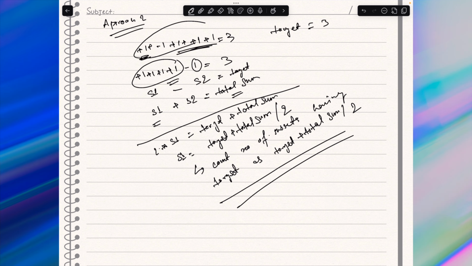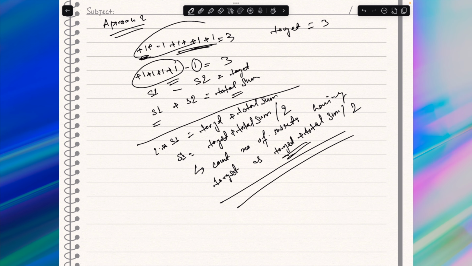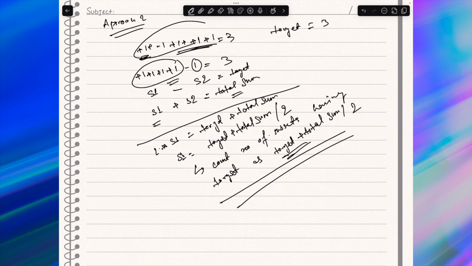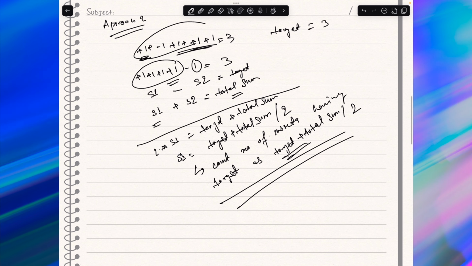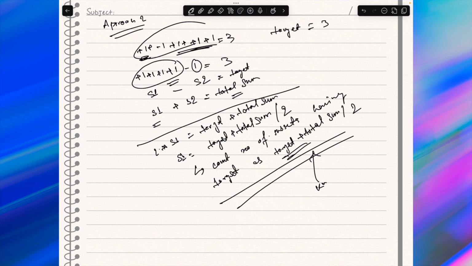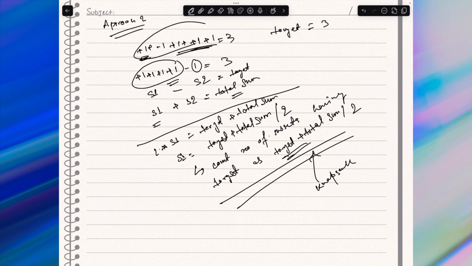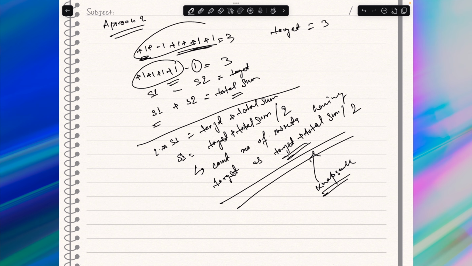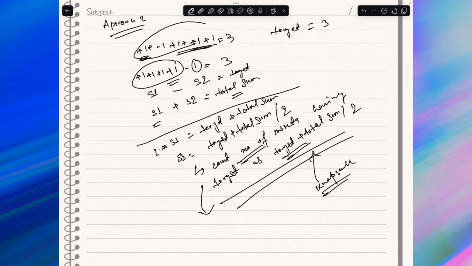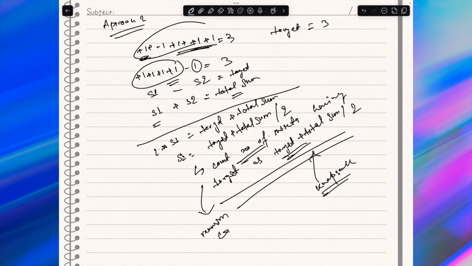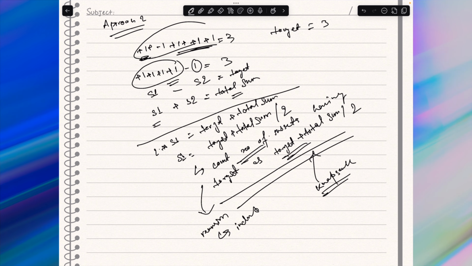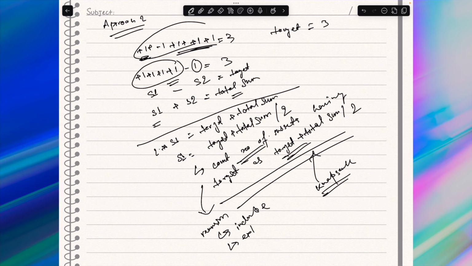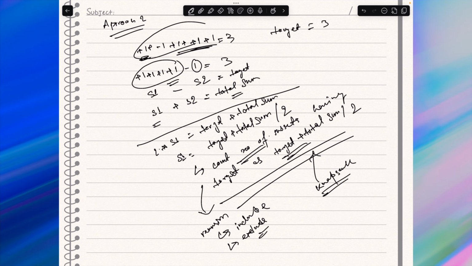Again we need to reach a target, and this target is fixed, so target plus total sum by 2. Then we can go with knapsack. And for counting the number of subsets, we can take recursion with the same include and exclude case, like we have done before.